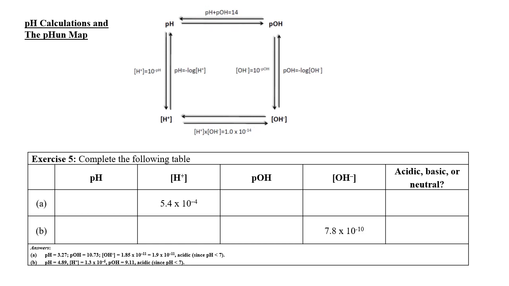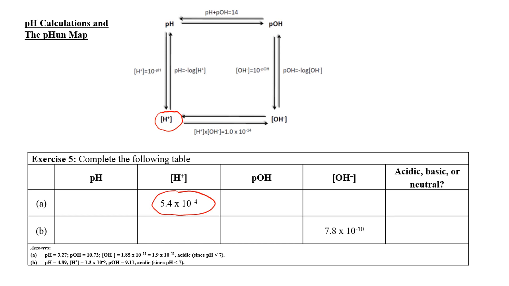So, for example, in exercise 5, if you're given the H plus, we have to calculate the pH, pOH, OH minus, and determine if this is acidic or basic. Here's how you approach this problem. If you're given the H plus, this is where you're at on the map.